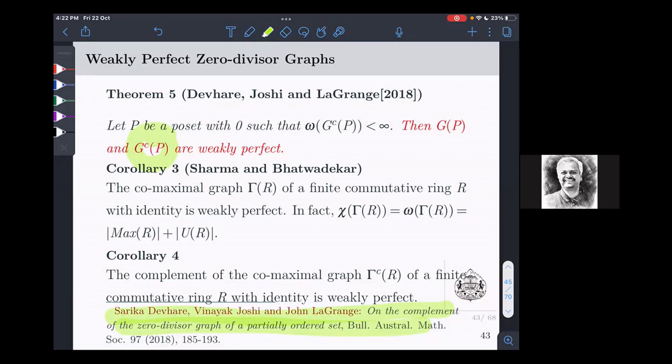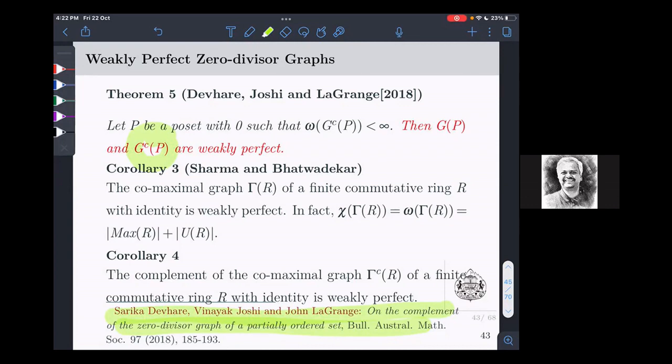What we proved here is that intersection graphs can be studied via the complement of zero divisor graphs. Because of the weakly perfectness of the complement of zero divisor graphs, we are able to prove that intersection graphs of ideals of a ring are weakly perfect. That's a very good consequence of this result.